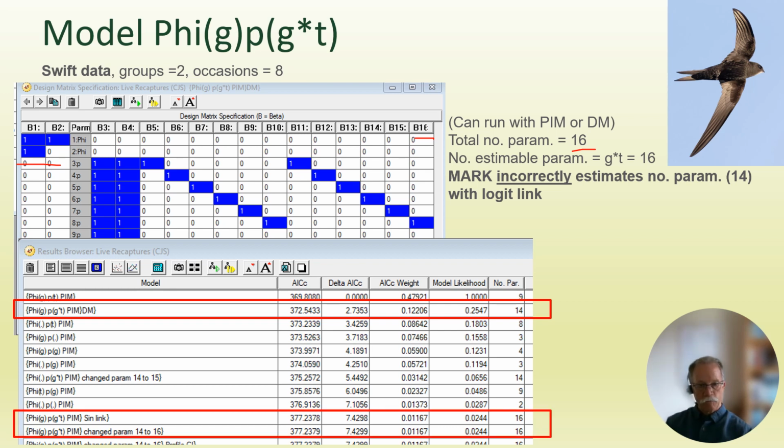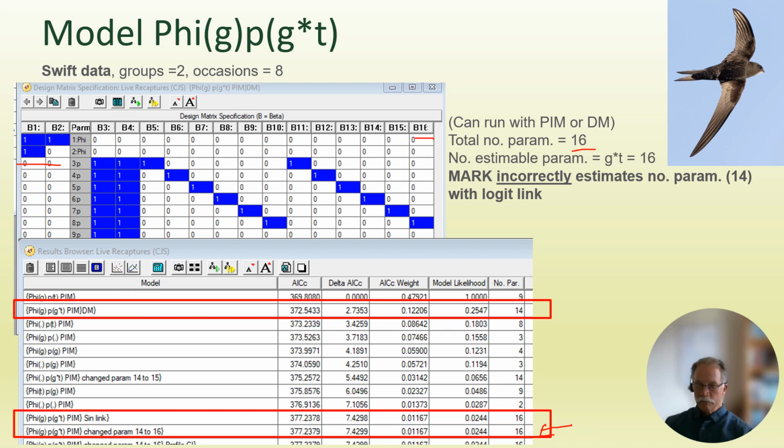However, if you adjust the number of parameters using adjust parameters in Mark to the correct number, which is 16, notice how that really drops that model in the list. It has very, very low AIC weight in that case.